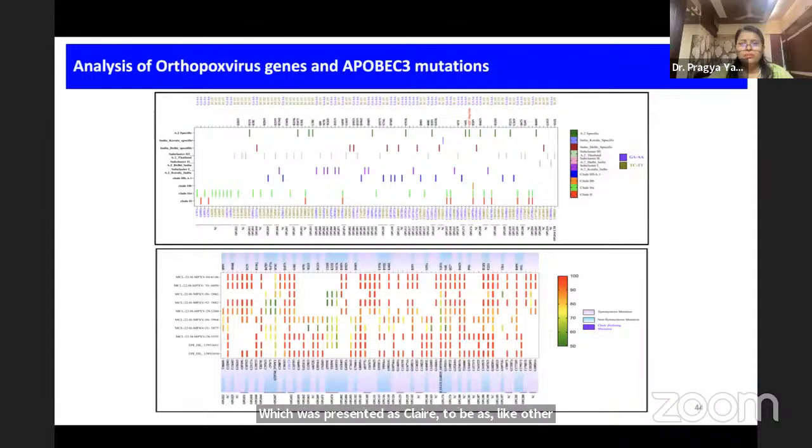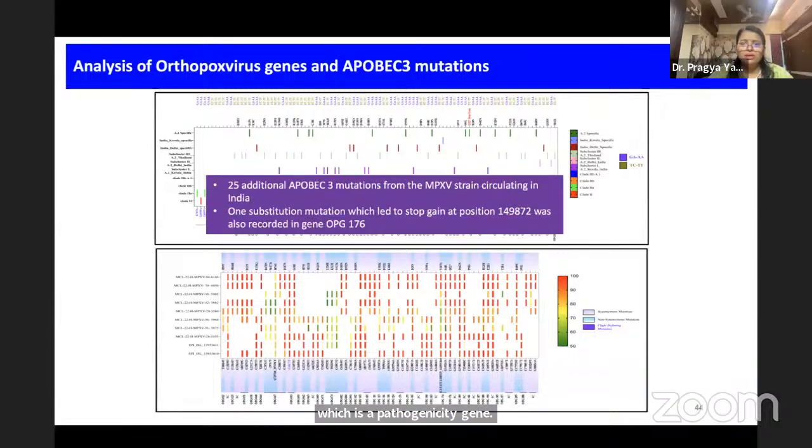If you look at the monkeypox cases present in India, and we analyze the APOBEC3 mutation, which is a pathogenicity signature for the orthopoxvirus, we can demonstrate that 25 additional mutations were detected in India, which is very surprising. Monkeypox is supposed to be a double-stranded DNA virus and should be very stable.